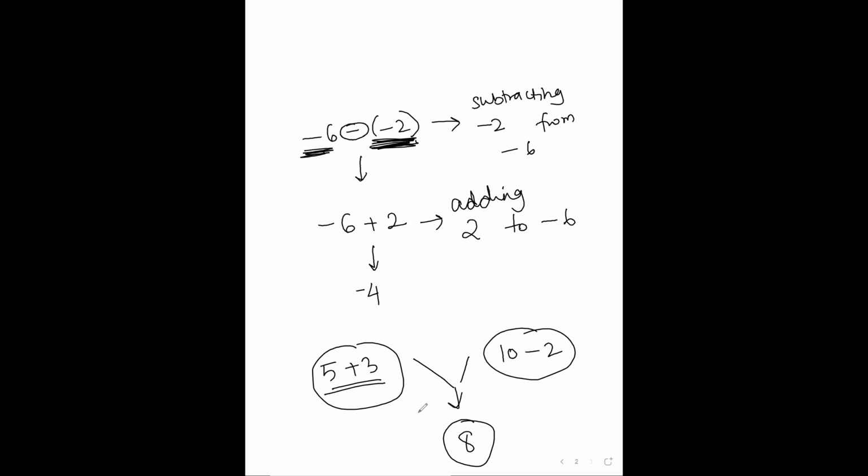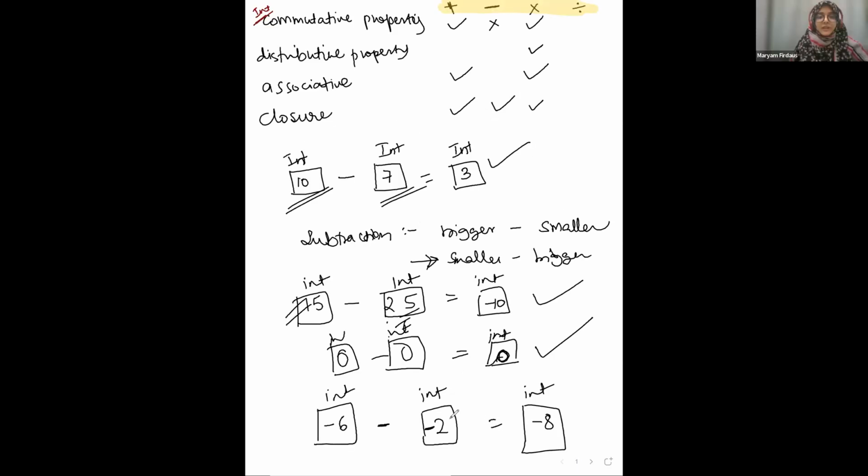Okay, now just give me a sec. Wait a minute. So tell me, if you have minus 6 and minus 2 and you're supposed to subtract them, what will the answer be?